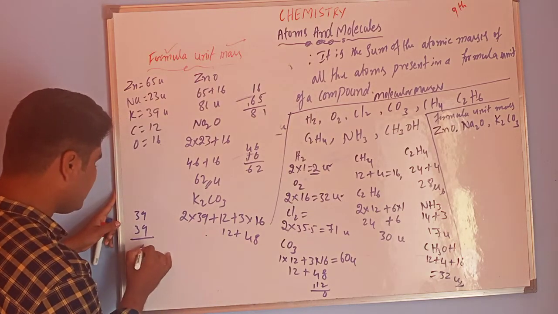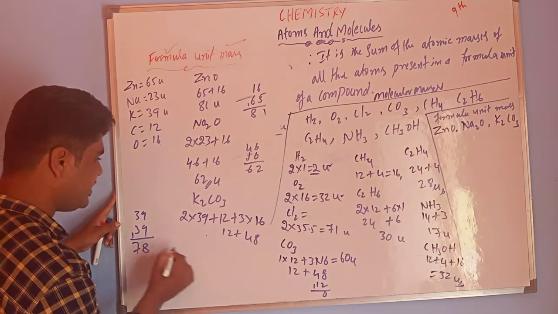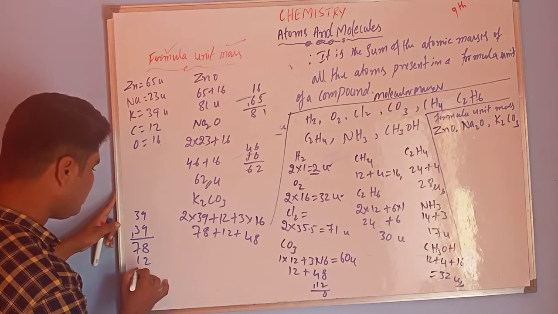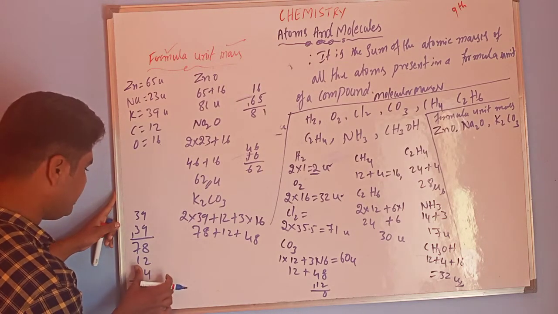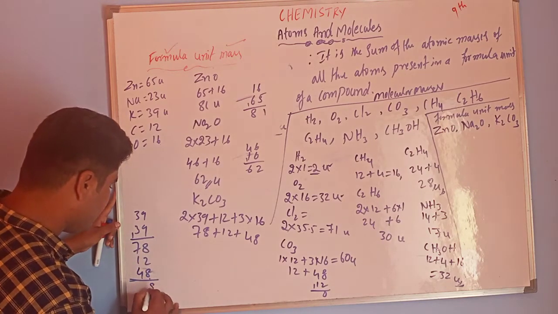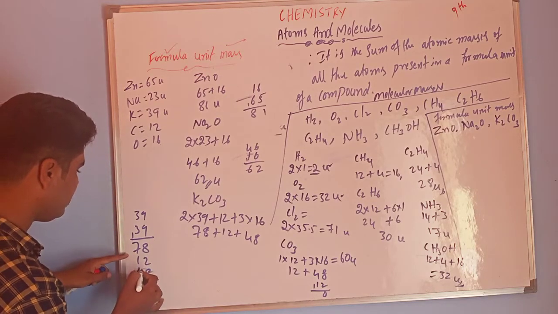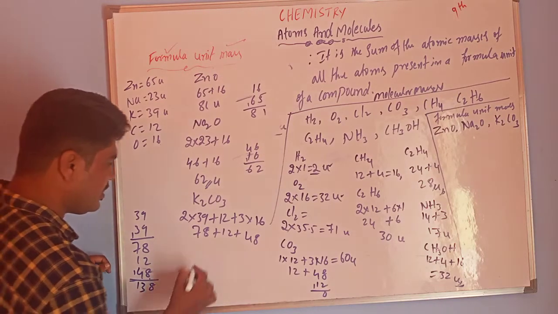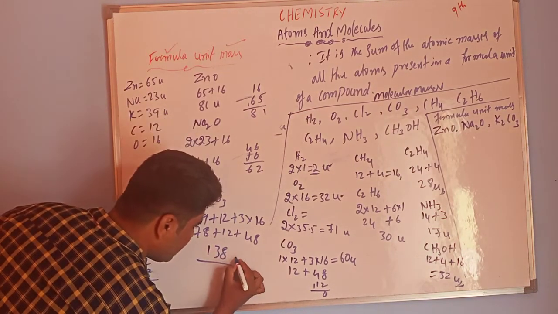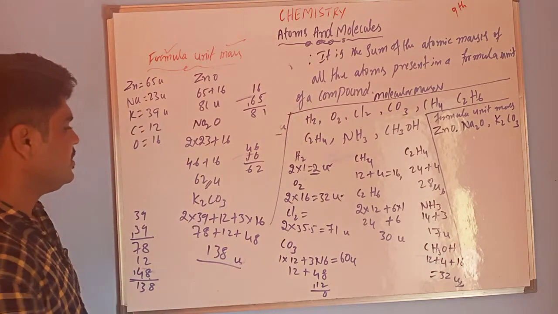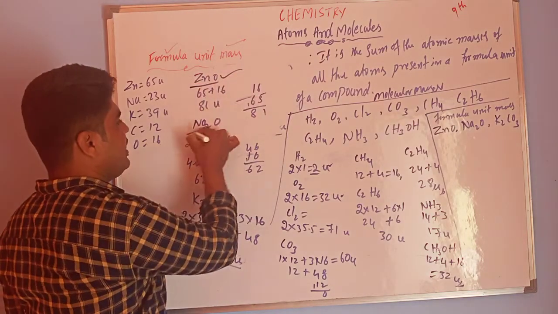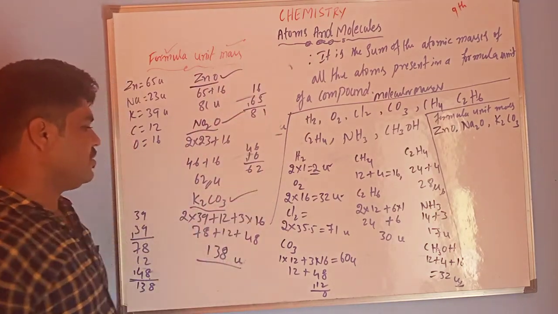So 78 plus 12 plus 48 is 138 u. You write a small u. So 138 u is the formula unit mass of K2CO3, and we found the formula unit masses of ZnO, Na2O, and K2CO3.